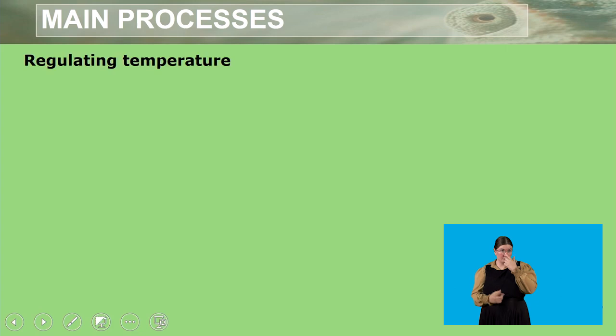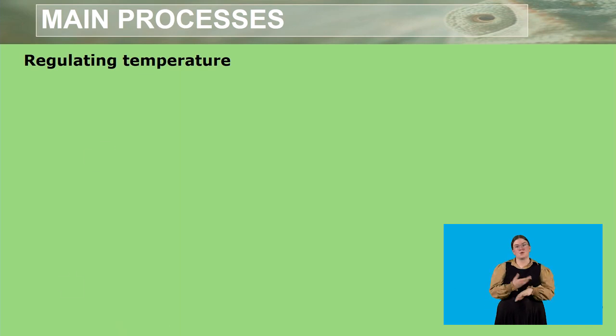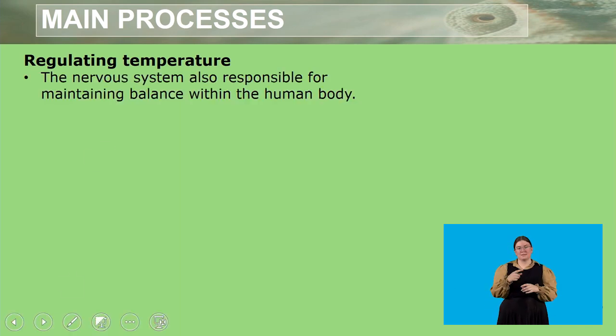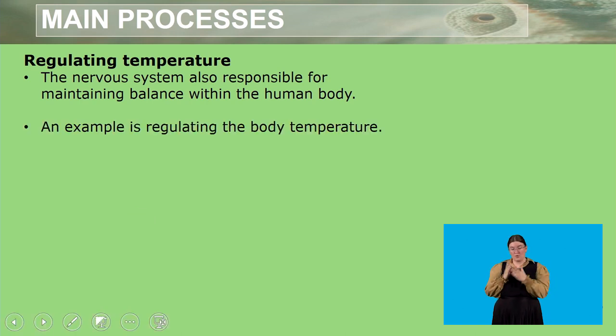The last process that is related to the nervous system includes regulating temperature. Here, the nervous system is also responsible for maintaining a balance within the human body. An example is regulating the body temperature.